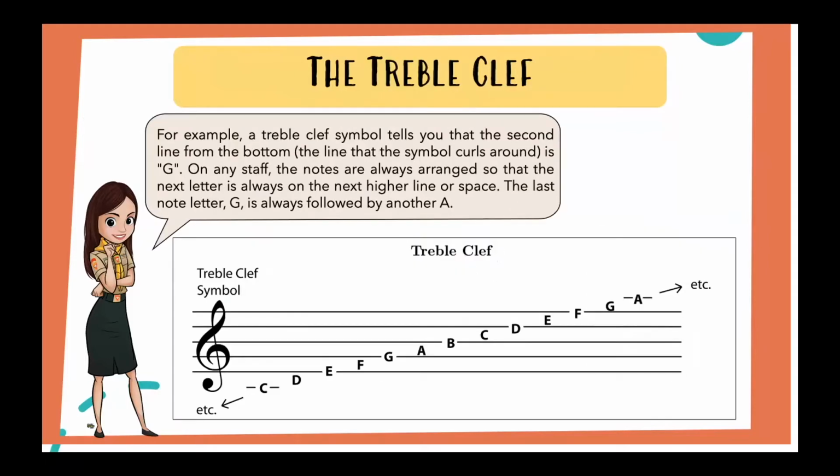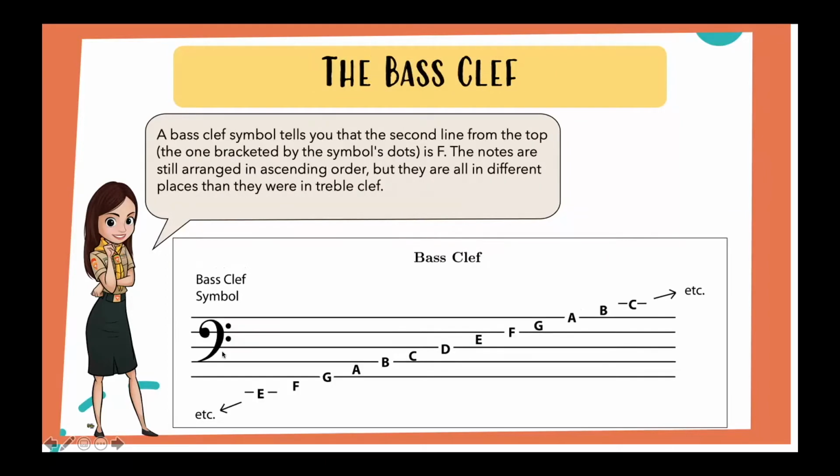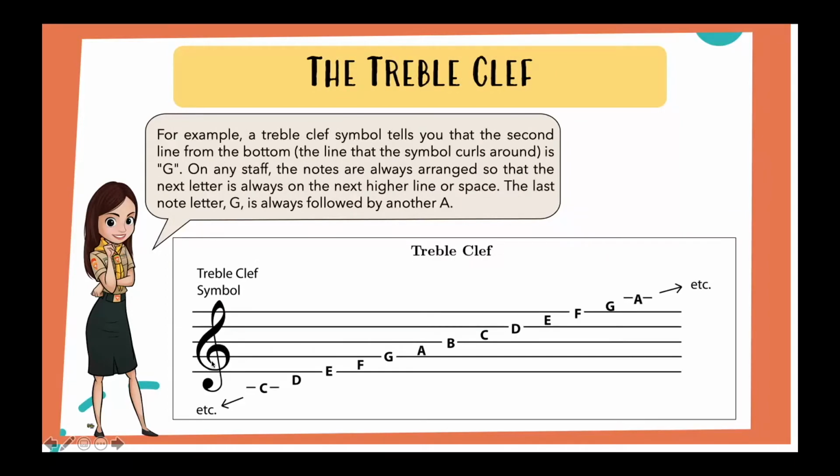The treble clef has this shape, and it tells us that where the symbol curls around, this line, is G. That's why this is also known as the G clef.